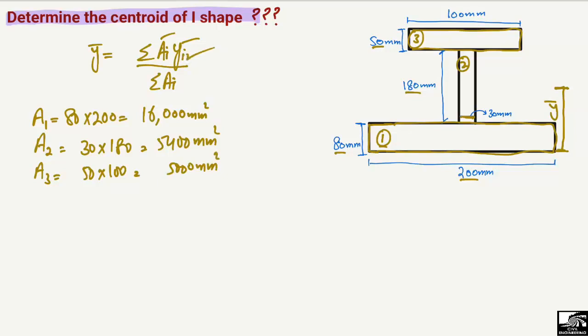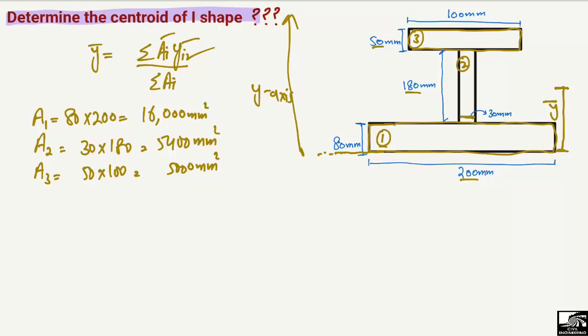Now to find the y. What is meant by y? It means the centroid of each object from the bottom plate. We want to find the centroid from the bottom, so y bar is from the bottom. If this is the y-axis, remember this is the y-axis. That's why we find the centroid about the y-axis.